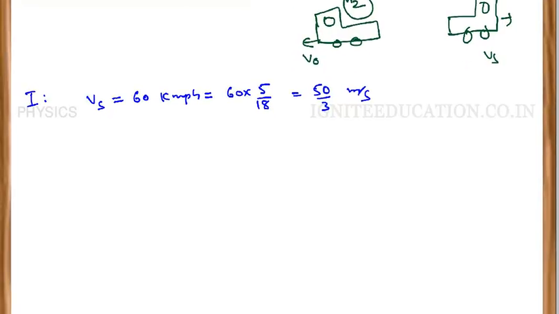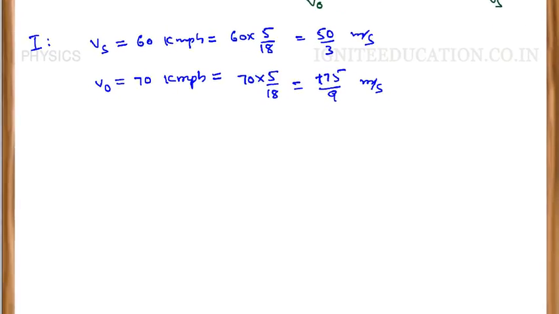And the observer is also moving with velocity 70 kmph, that is equal to 70 into 5 by 18, that is equal to 175 by 9 meter per second. Now n, the frequency of the horn, is equal to 400 Hz and the velocity of sound is equal to 330 meter per second. Those are the given quantities.